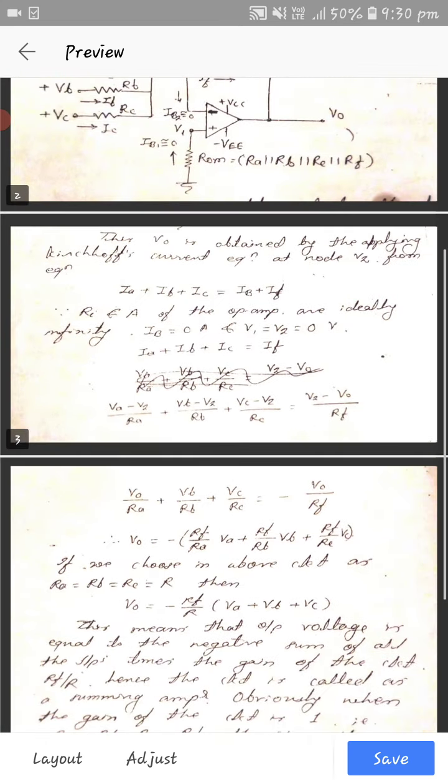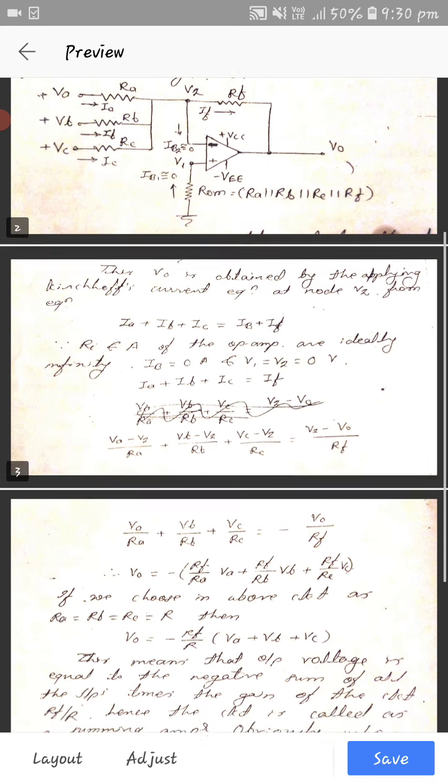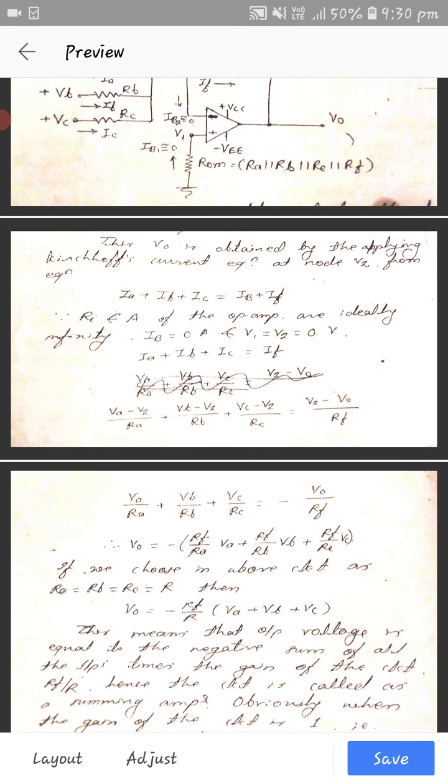Therefore, since the gain and the input resistance of the op-amp are ideally infinity, the IB current is equal to 0.